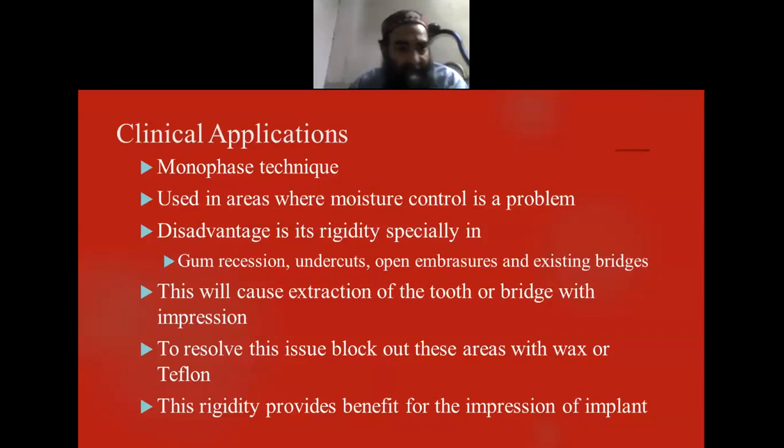Undercut areas, already described, open embrasures and existing bridges. Existing bridges are also a source of undercut, are also a type of undercut. You can see, inshallah. This will cause extraction of the tooth or bridge with impression.